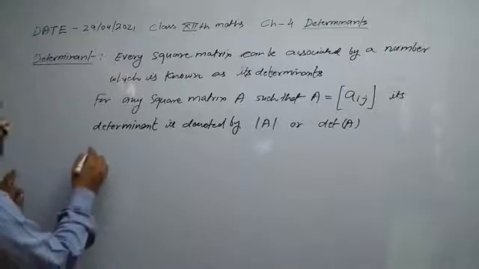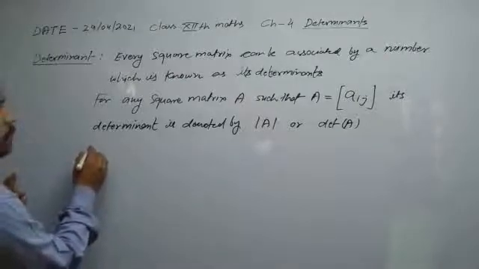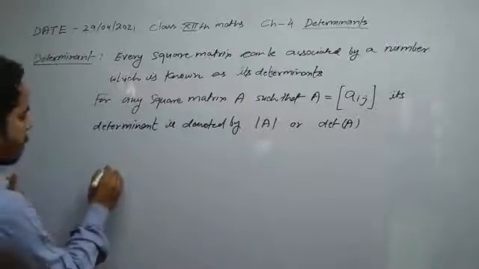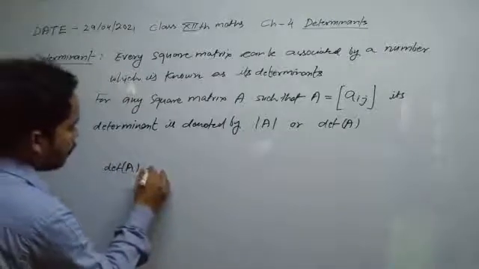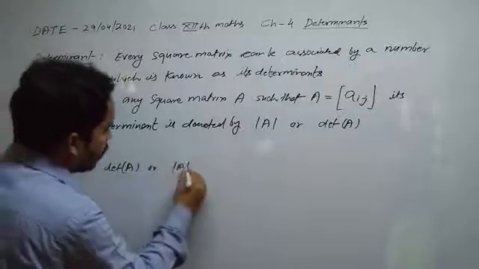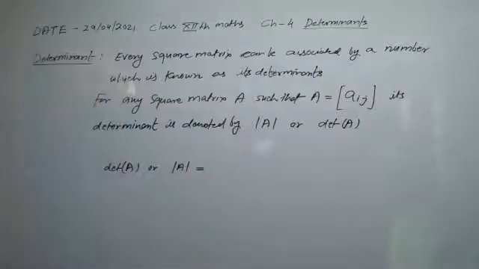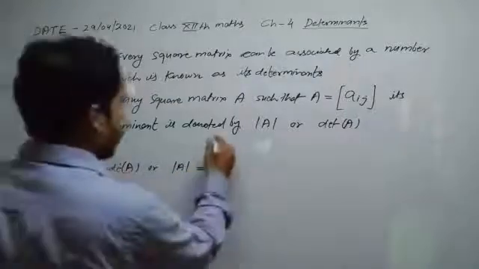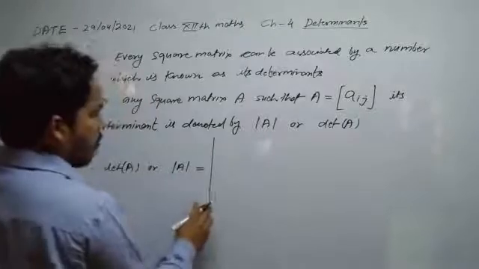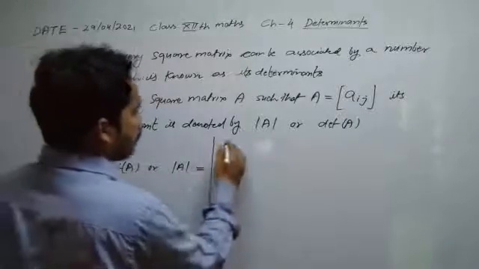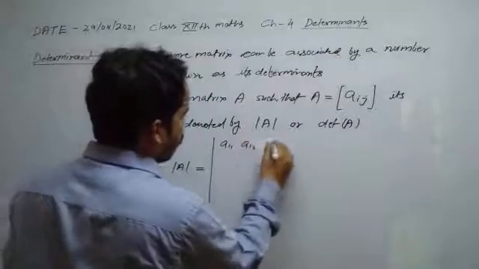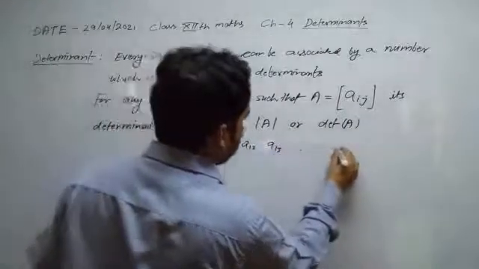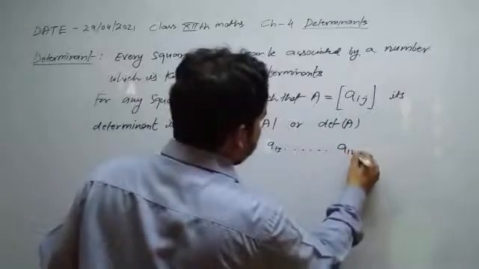Now see the example. Det of A, or determinant of A, is equal to, in vertical lines, A11, A12, A13 up to A1n.